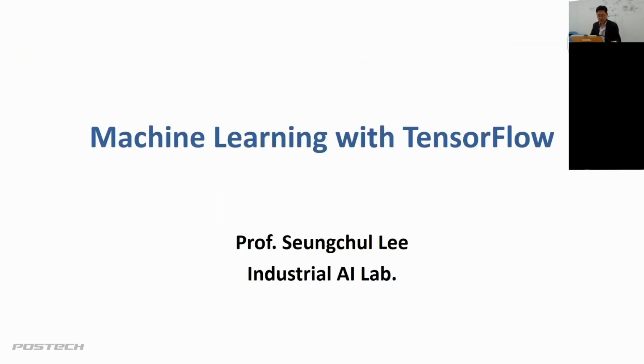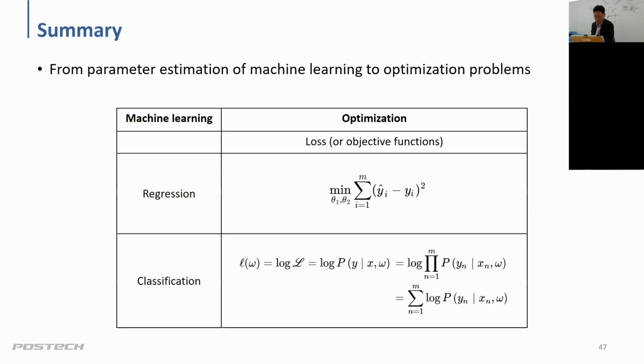For the summary, this will be the last. In machine learning, the major things are regression and classification, and often we define them as optimization problems.